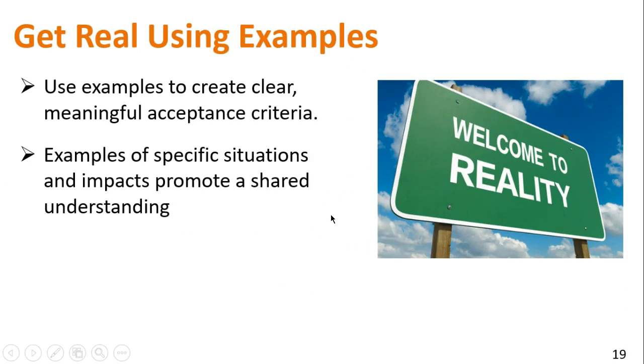Get real using examples. Clearly, when we're looking at user stories, we want to be very specific in terms of developing acceptance criteria, so that they are things that can be clearly measured, they're clearly understood, and they are specifics that can actually be looked for so that we can answer these questions as yes or no. That's the overall goal with acceptance criteria, that ultimately the answer has to be yes.